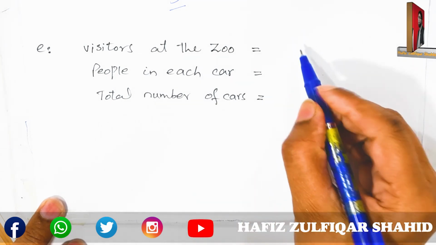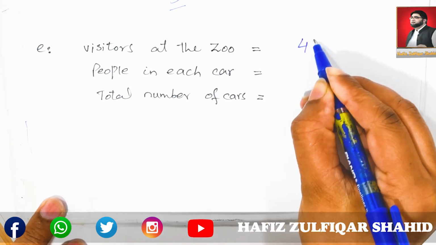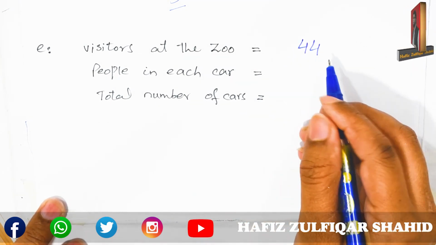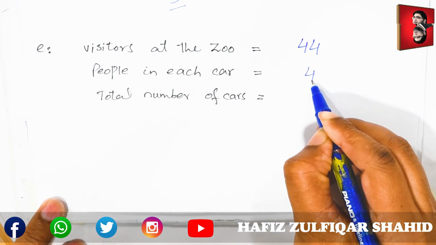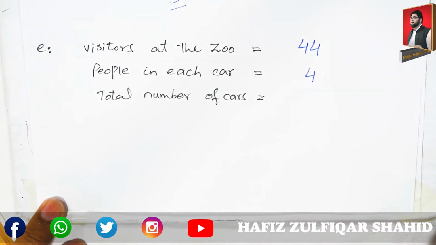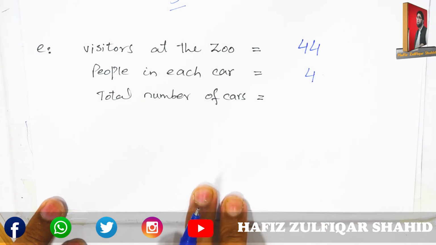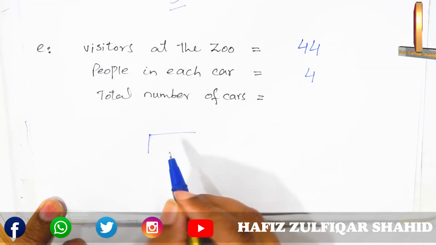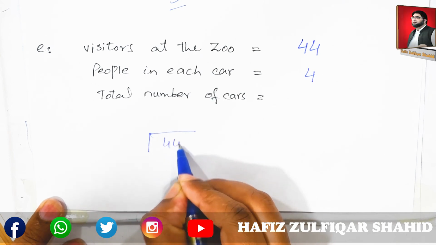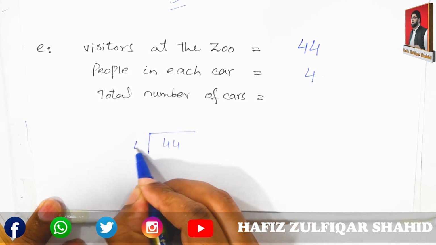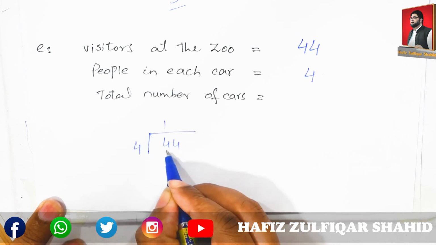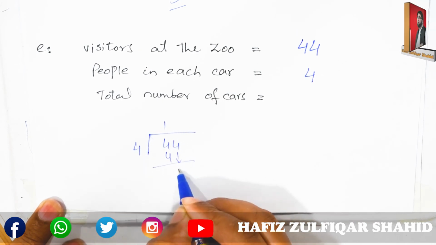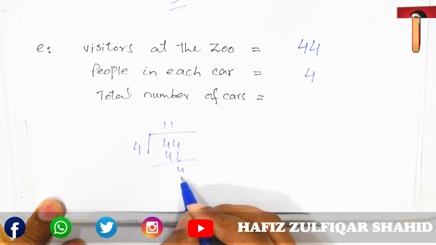Visitors at the zoo are 44. People in each car, 4. Total number of cars. Now we have to find the total number of cars. Divide 44 by 4. 4 1 time is 4. Then again 4 1 time is 4.